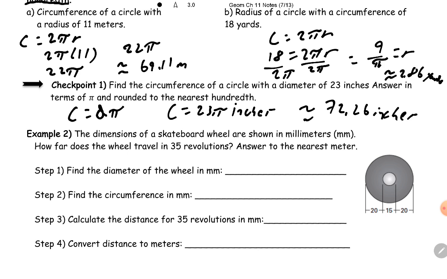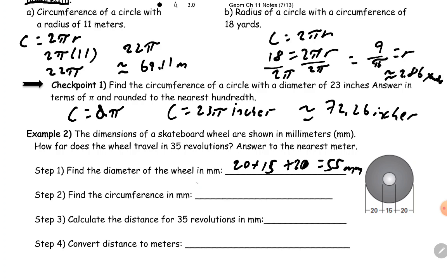So first thing we need to do is find either the radius or the diameter of the circle. In this case, we can't find the radius, but we can find the diameter. So 20 plus 15 plus 20 is 55 millimeters.